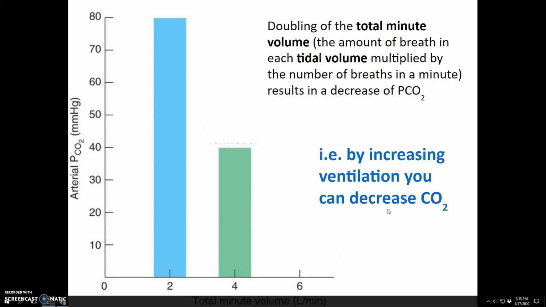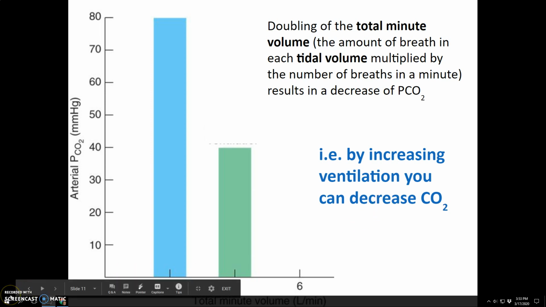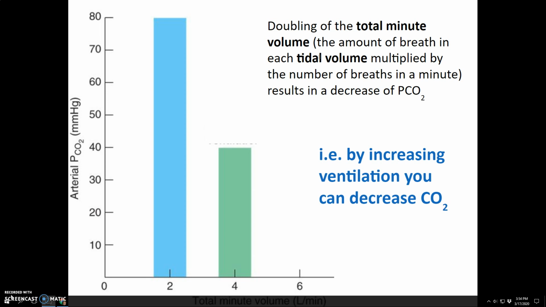Okay, if you want, you can now take a look at this diagram. This diagram is showing the doubling of the total minute volume as a result of a decrease in pCO2. So pause the video for a second and take a look at this diagram, looking particularly at the effect on CO2 of increasing the total minute volume, or the amount of breath in each tidal volume multiplied by the number of breaths in a minute.